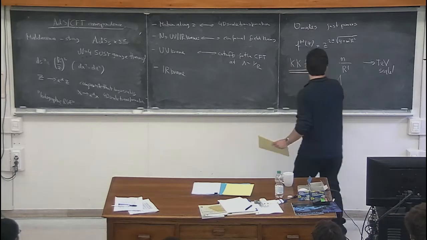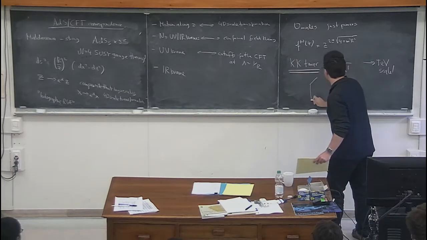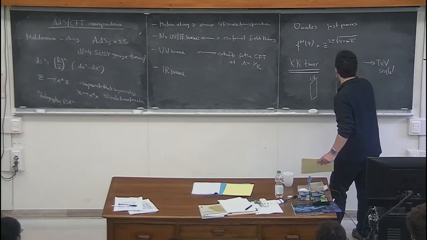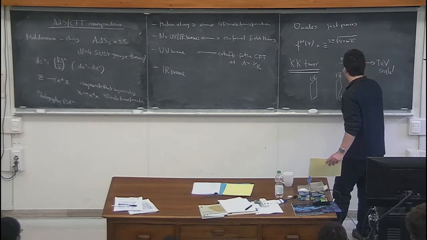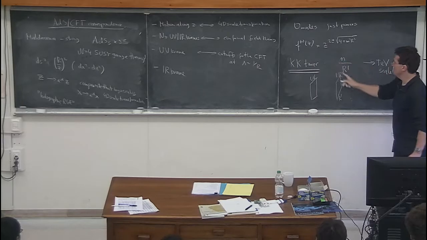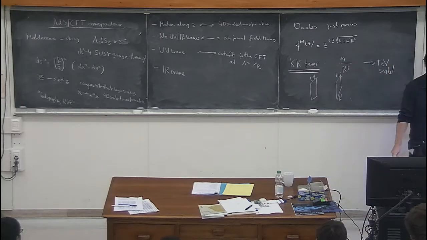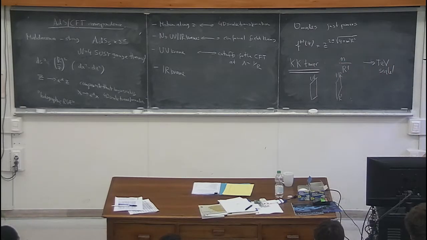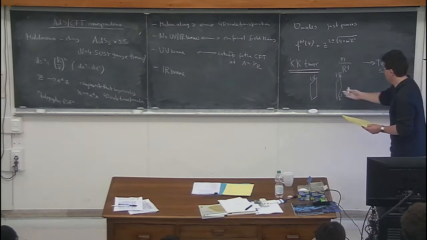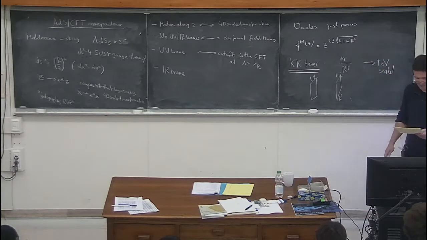So I have this KK tower. If I have the UV and the IR branes, and this is at z equals R prime, then I'm going to get a KK tower where the spacing of these modes is going to be given by wherever I put this IR brane.